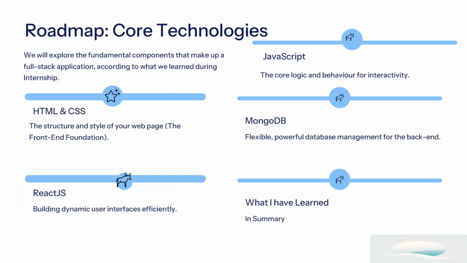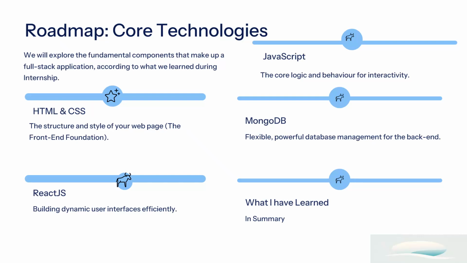Now this is the roadmap of what I'm going to explore. We will see HTML and CSS. HTML is the structure and CSS is the styling of our web page. We will see JavaScript, which provides the core logic and behavior for interactivity on our website, and also React.js for building dynamic user interfaces efficiently.